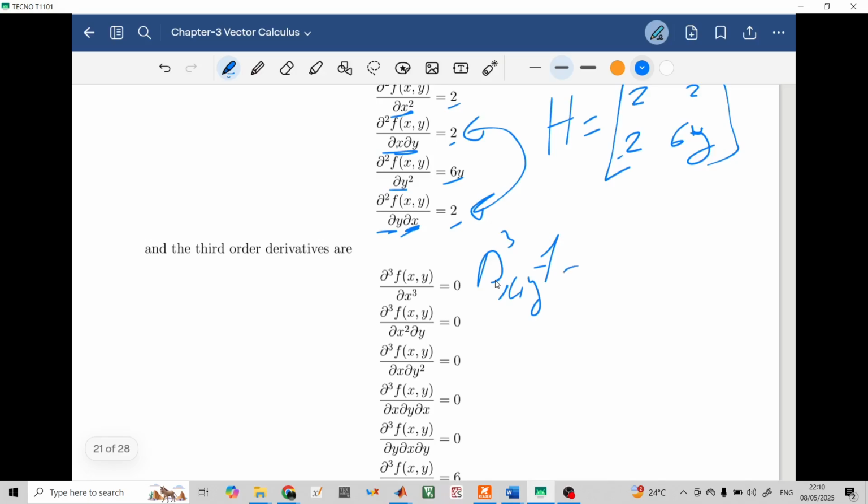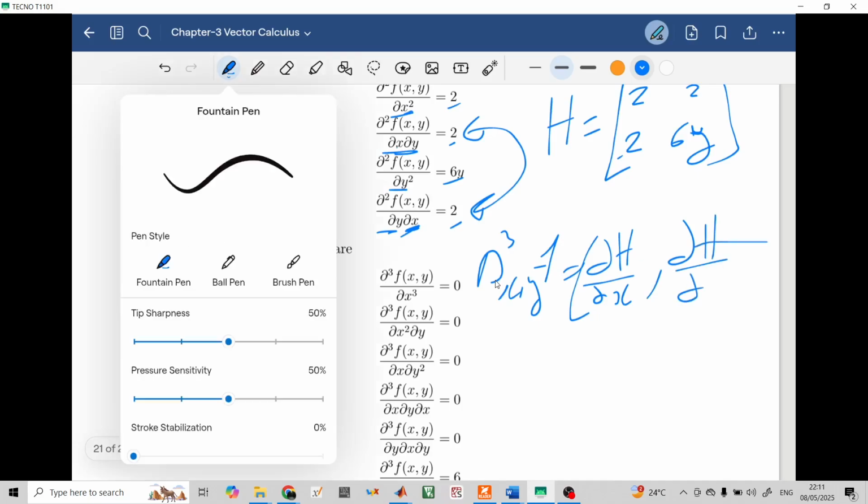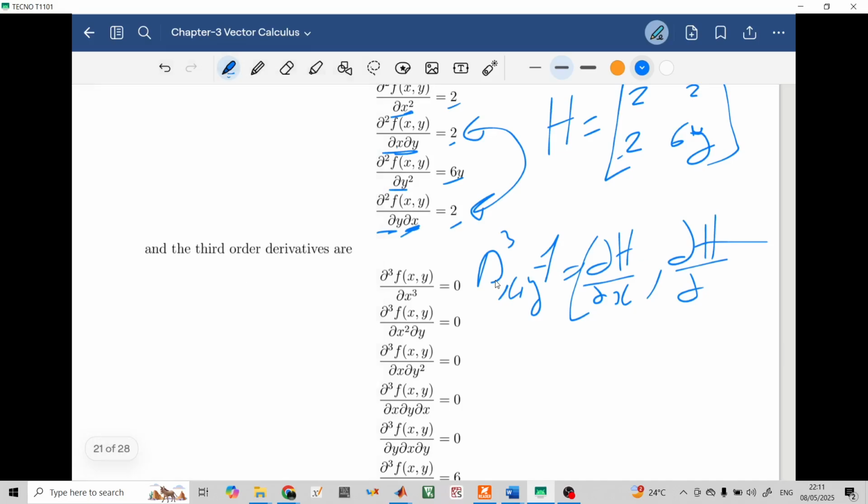This is the partial derivative of the Hessian with respect to x, then the partial derivative of the Hessian with respect to y, as we said earlier, right? So either you find all of the components separately, or you can look at this.